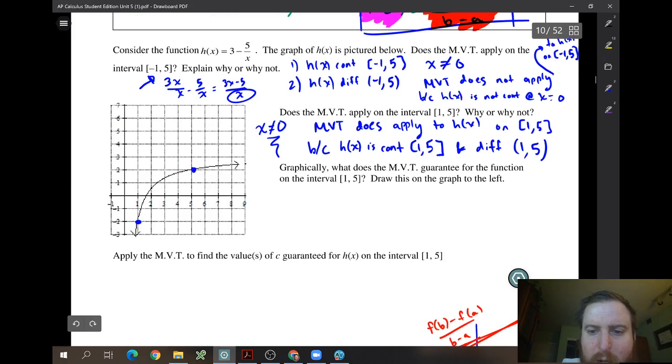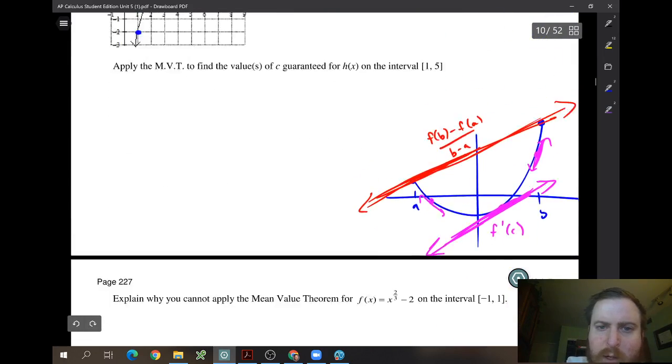So graphically, what does the mean value theorem guarantee for the function on the interval from 1 to 5? Draw this on the left. This is very similar to what we were talking about here.